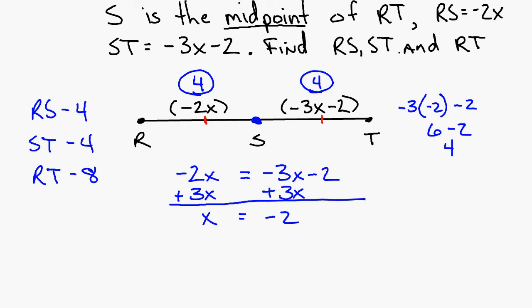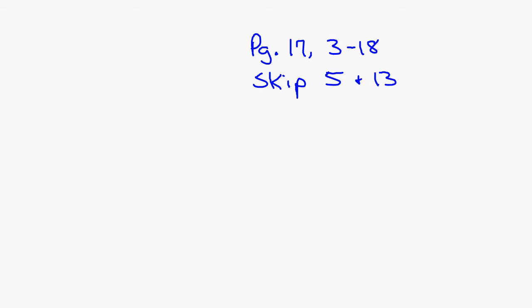Your assignment for today is page 17. Problems 3 through 18. I want you to skip 5 and 13. When you've completed this entire assignment, I want you to check Edline for homework.